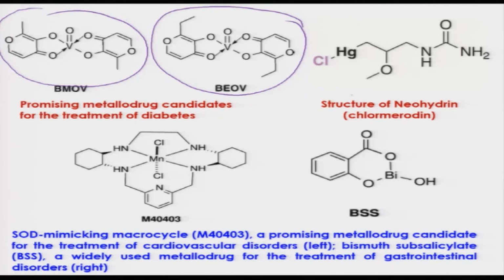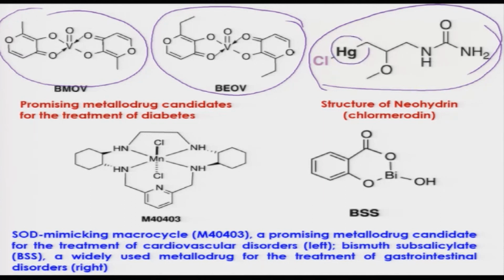Similarly, this is the mercury complex. You see that the structure of neohydrin is shown here, which contains mercury, and I have just discussed that the SOD mimicking macrocycle is a manganese complex which destroys the superoxides into oxygen and peroxides.